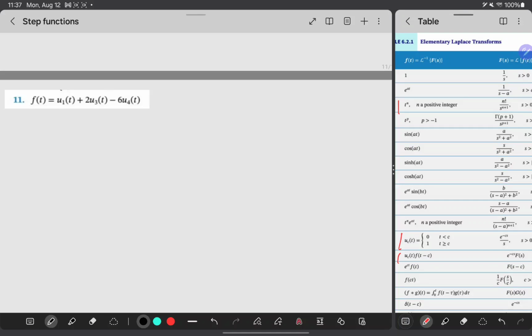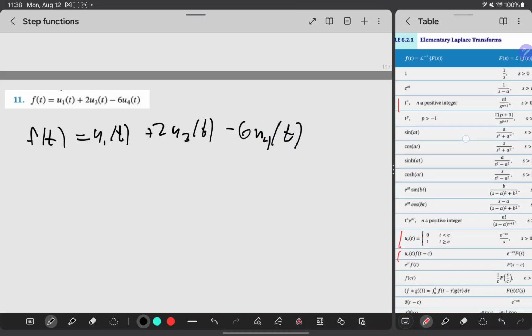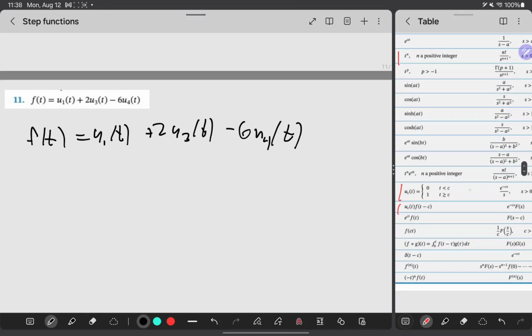So it already gives us the form. Isn't that nice? So we can go right ahead. I'm just going to rewrite that. This one's just going to be all of this right here, right?